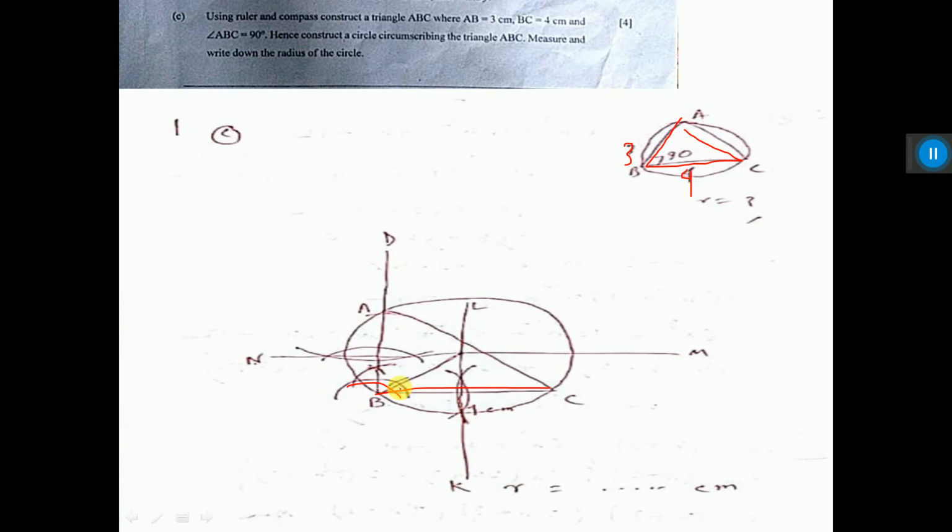So you know how to draw it. This way you draw BD at 90 degree, then you bisect the BC side and the AB side. Then the intersecting point will be the center. Then put your compass here and pencil here and draw the circle. Actually I am not explaining details, because you have learned this thing or you will learn.